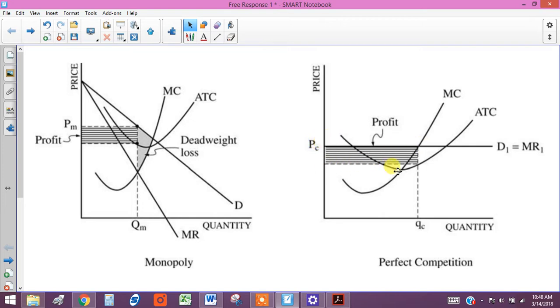The floor is going to be average total cost, what it is at the point where marginal cost equals price. So this point right here, and then from quantity 0 over to the quantity produced. Okay, so that's how you're going to shade in your areas of economic profit. Okay, what's next?